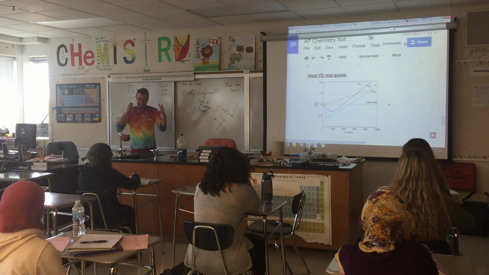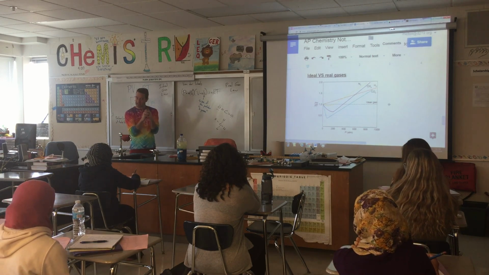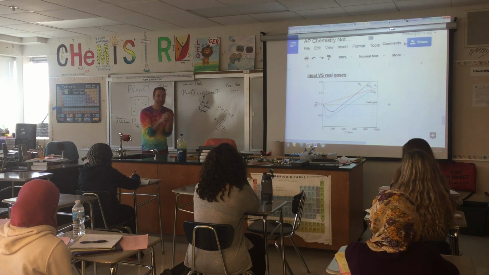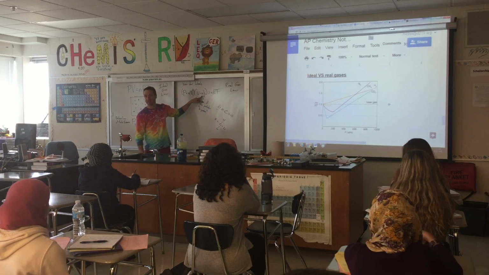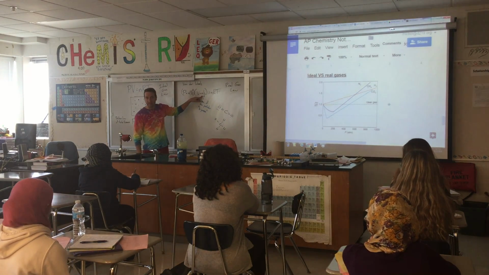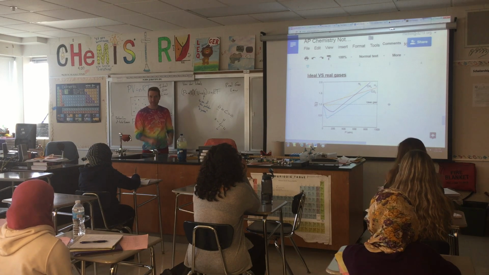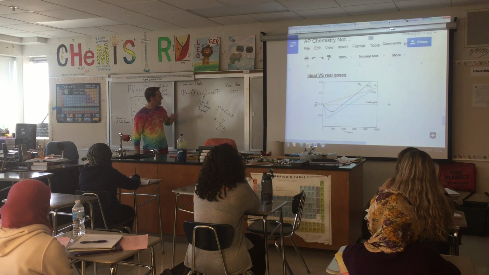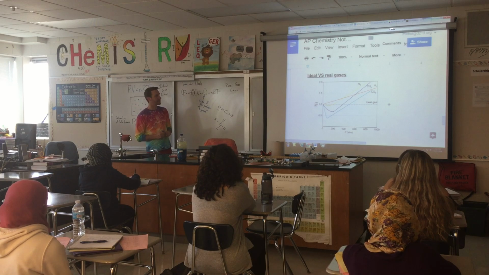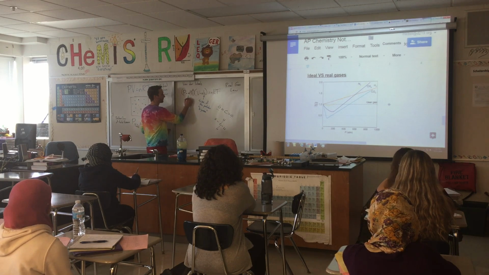In order to get that high of a pressure, you really got to crunch this thing down, and now the volume of the container is maybe approaching the volume of the particles themselves. Maybe there's just a little bit of extra room, and so the size of the particles is really making a big difference there. Okay?